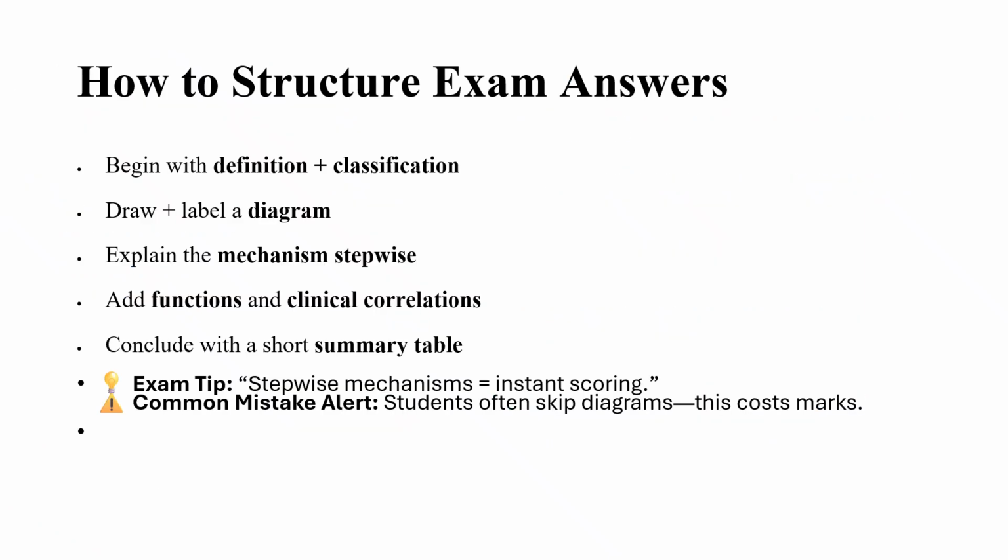Now, importantly, when exam questions ask you to describe a mechanism or explain a physiological process, the examiner isn't just testing recall, they're looking for a logical, structured story. So let's build that story piece by piece. First, always open with a clean definition.